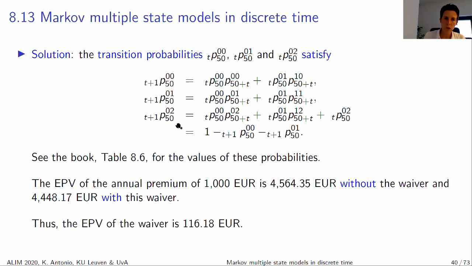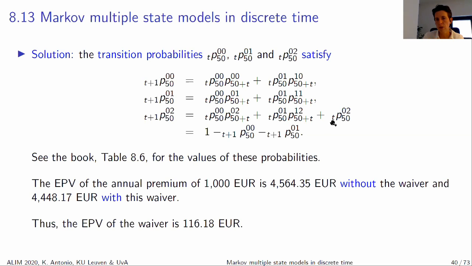Be careful for the last one, the t+1 p50 0,2. Well, either you use the same reasoning and look at what state I occupy at time t. So either I'm in the 0 state, and then I will go from 0 to 2, or I'm in the 1 state, and I'll go from 1 to 2.